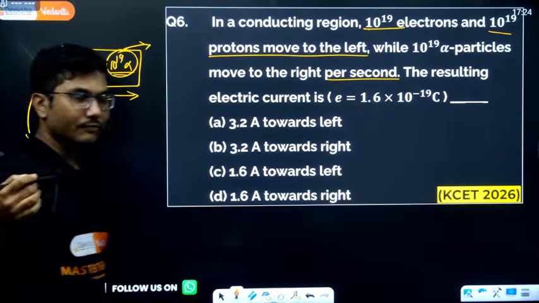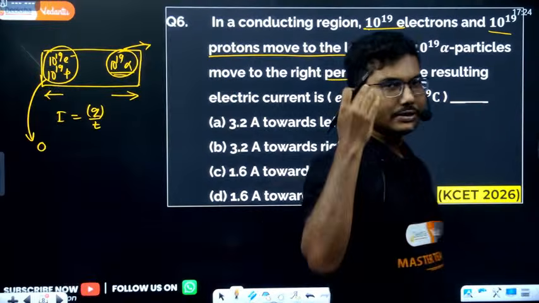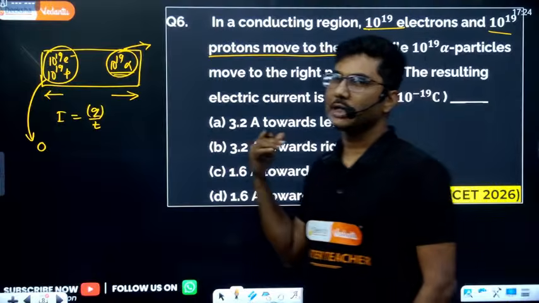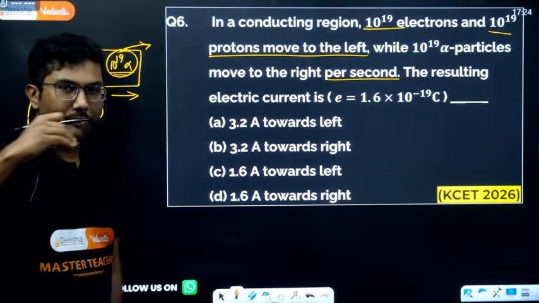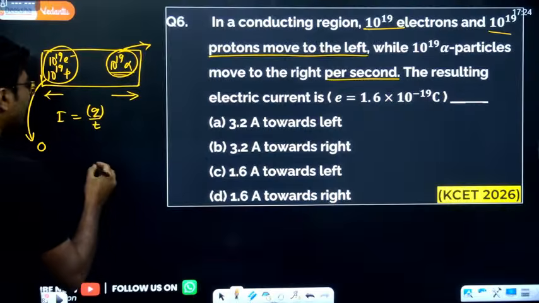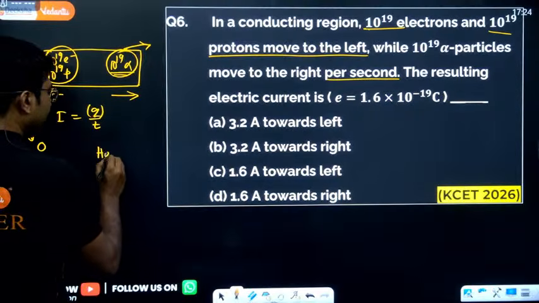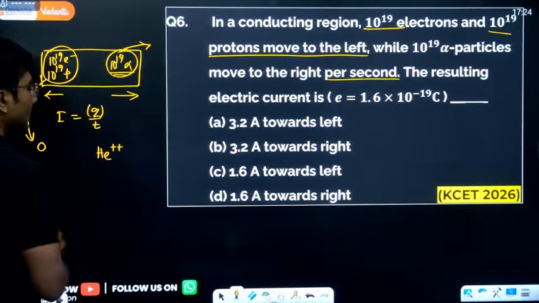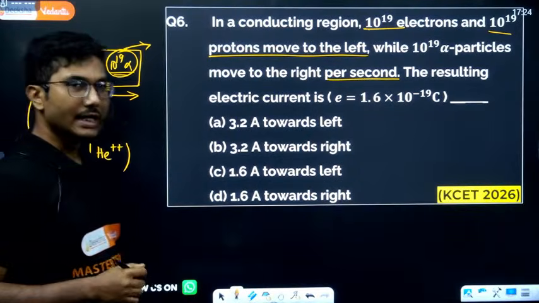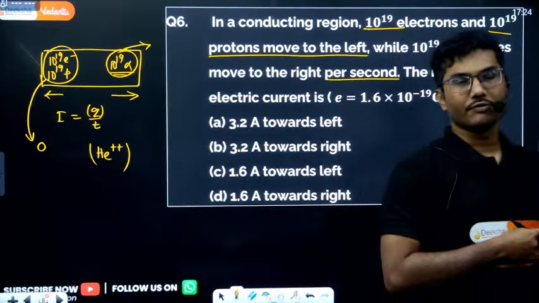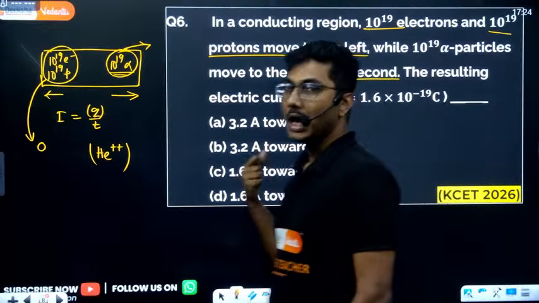Now for the alpha particle, you need to know about it. This is a slightly mixed question with a concept from a different chapter. This chapter we have not dealt with it, but the alpha particle, which you may have learned in your chemistry chapter, is basically a doubly positive helium ion. If you take 2 electrons out of helium, that is an alpha particle.